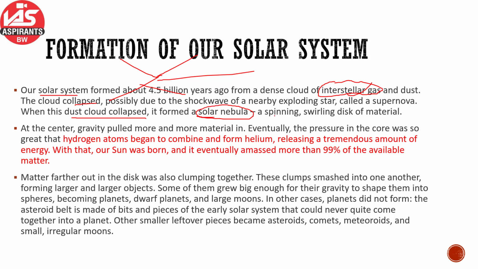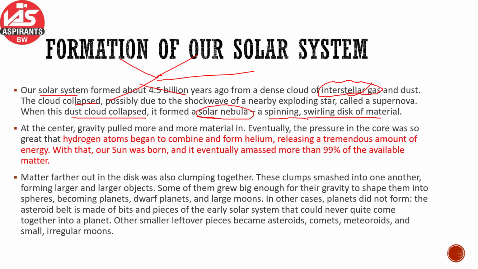So why is it called a nebula? Because it was a spinning, swirling disk of material, and because it was spinning, gravity pulled more and more of the heavy material into the center.